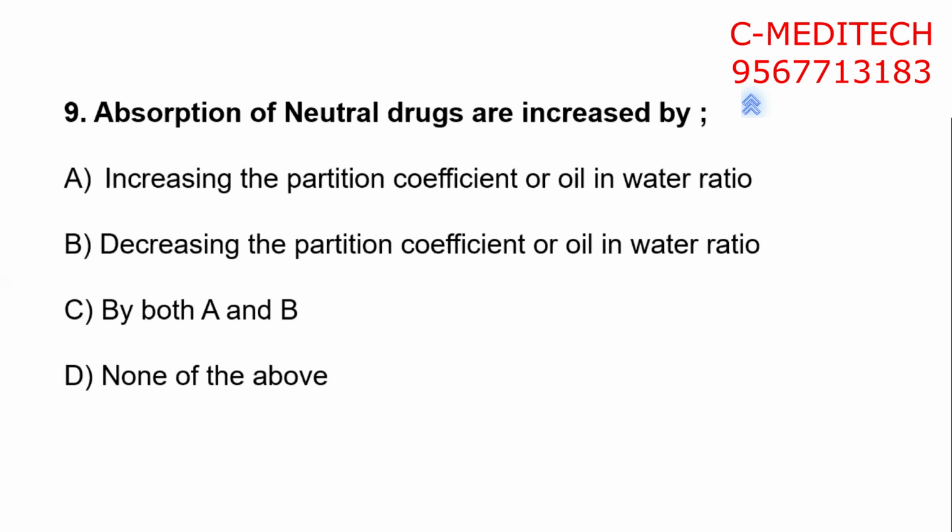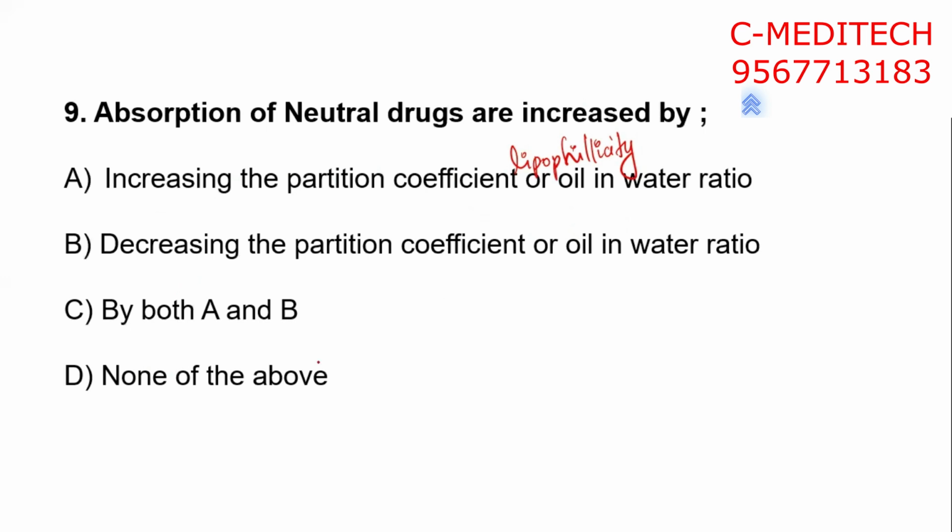So I will simplify the statements given. Increasing the partition coefficient or oil in water ratio means increasing the lipophilicity of a compound. Okay, so now it's a little simpler, right? Decreasing the partition coefficient or oil in water ratio means decreasing the lipophilicity.